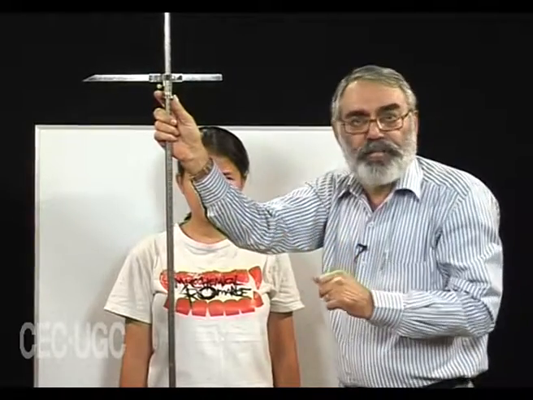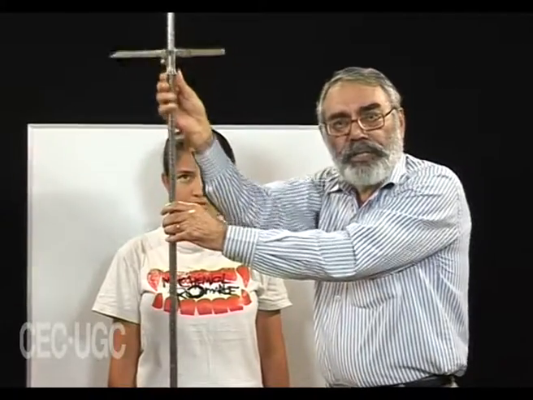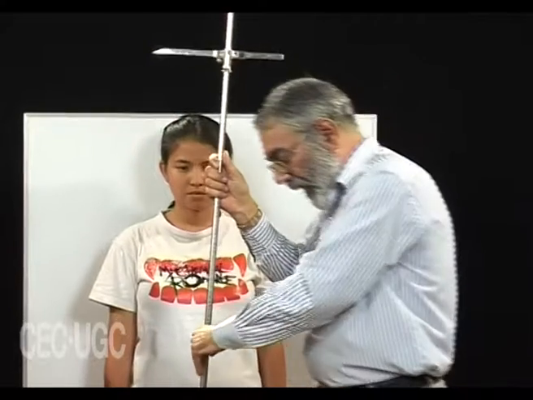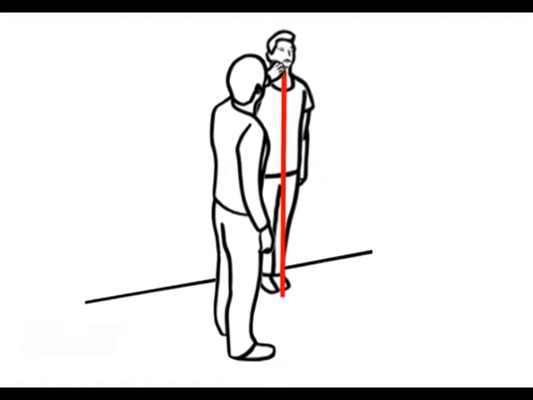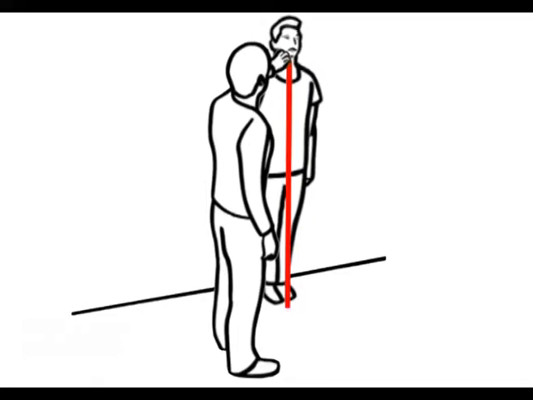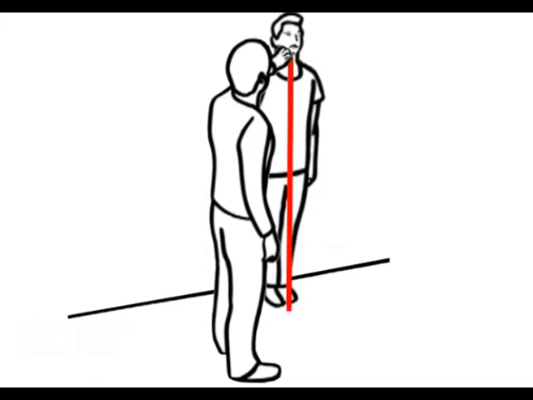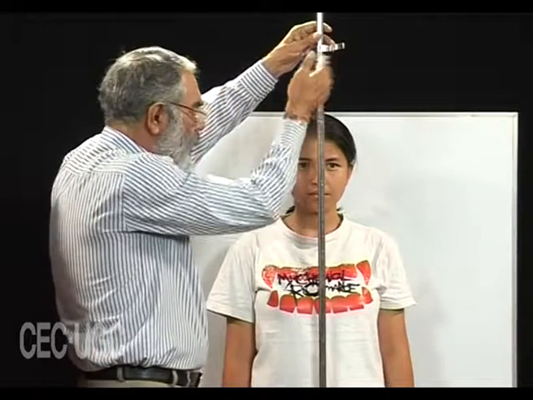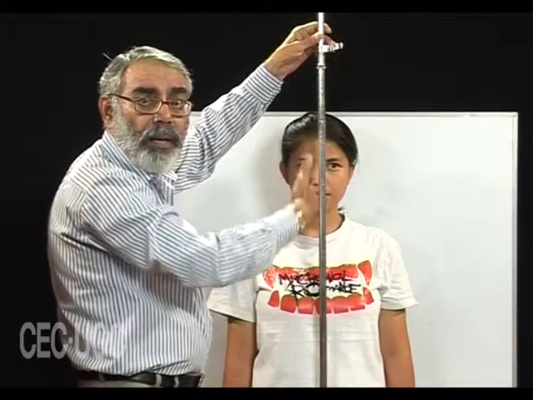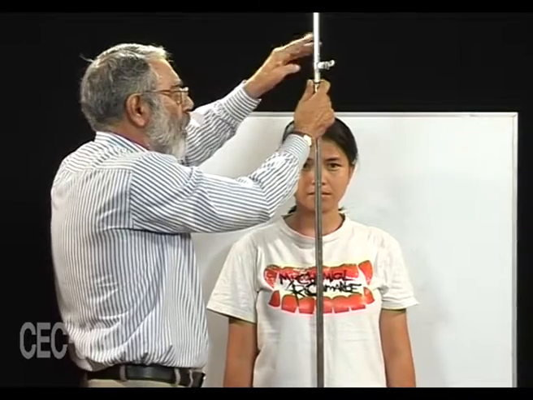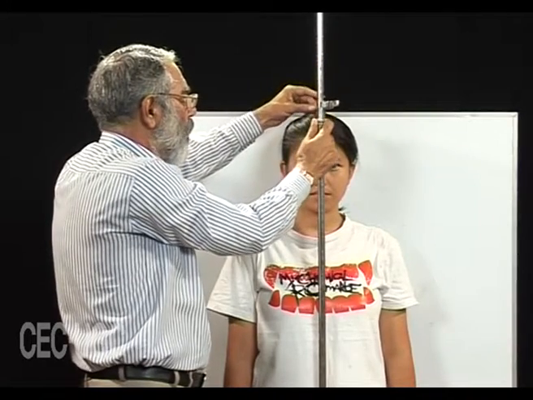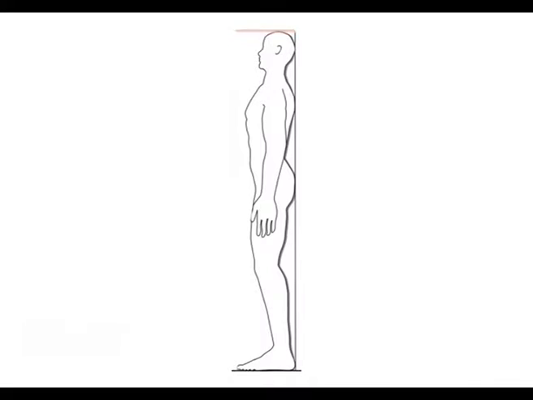While taking this measurement, we adjust the anthropometer rod and place it in front of the subject, in between the toes and parallel to the mid-sagittal plane of the body. After it is placed in this manner, the crossbar is slowly brought down to touch the highest point on the head, that is the vertex.